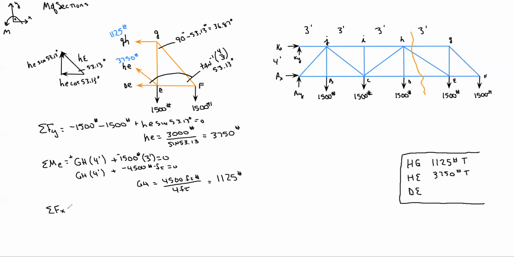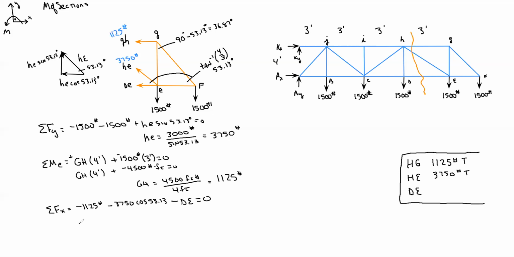Summation of forces in the X direction. Negative 1,125 pounds minus 3,750 cosine 53.13. That's the X component of HE. We already sense that I have D in the wrong direction, but we'll write it the way that I have it.